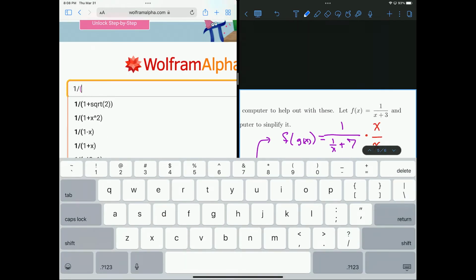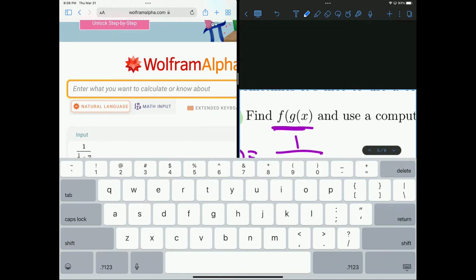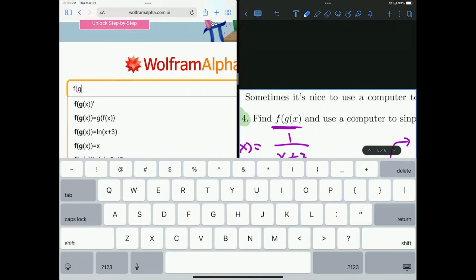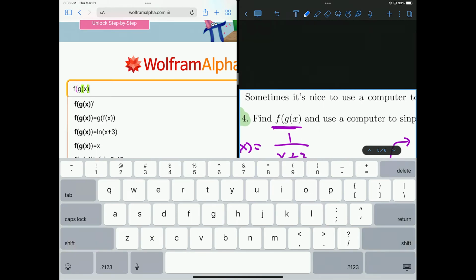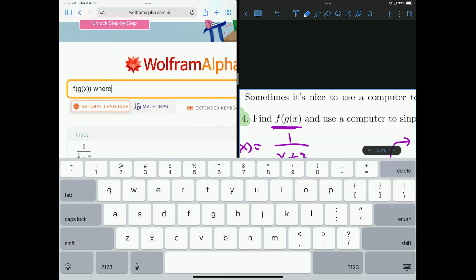What you want to do is ask for what you want. So we need to find f of g of x. So I say f of g of x, parentheses, where, and then you type in what f and g are.